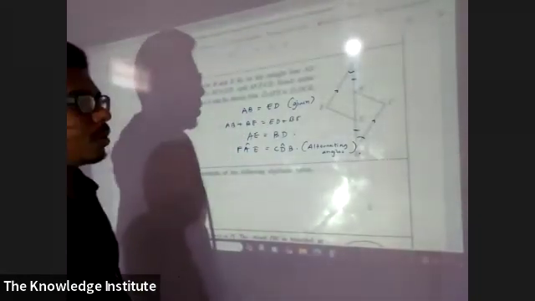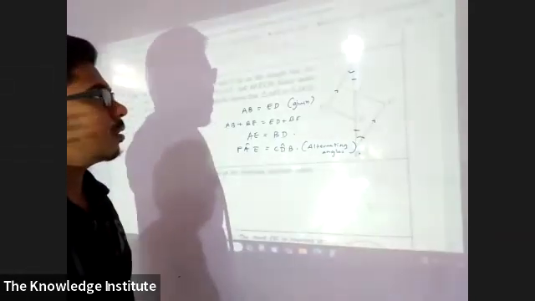We need to show one more pair of elements are equal.